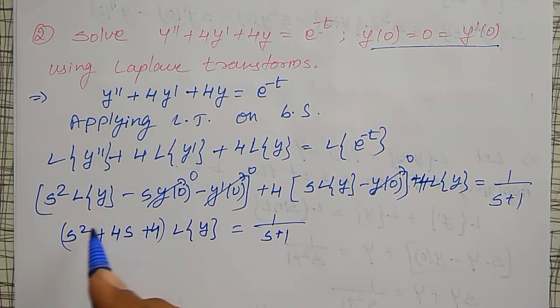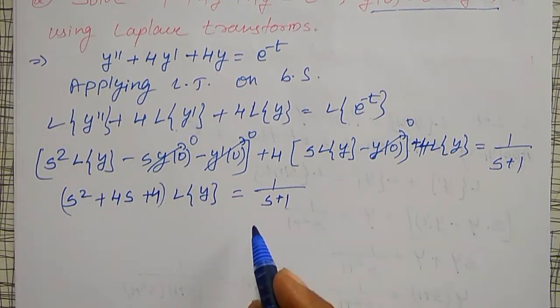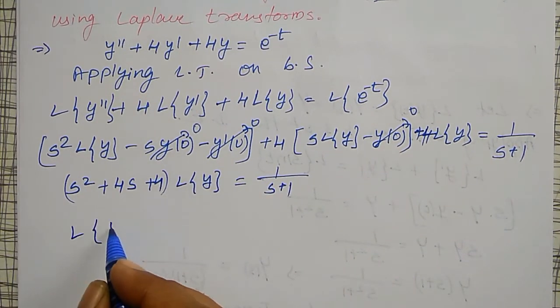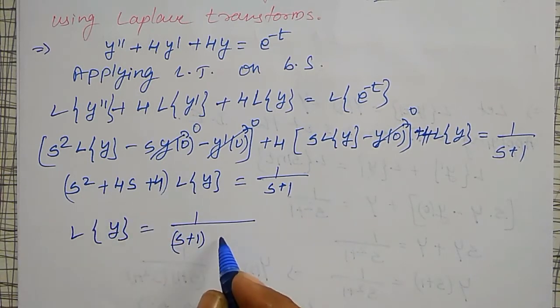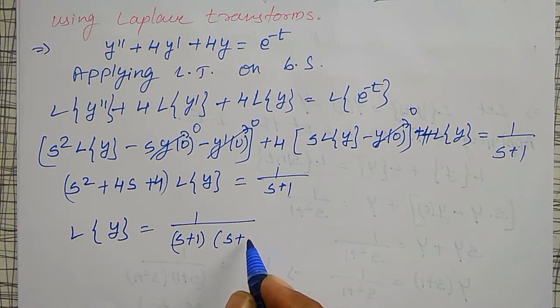I had forgotten to write the 4 here, so it becomes plus 4. But this is nothing but the perfect square, s plus 2 the whole square. I will shift it to the other side. Now Laplace transform of y is equal to 1 divided by s plus 1 into s plus 2 the whole square.